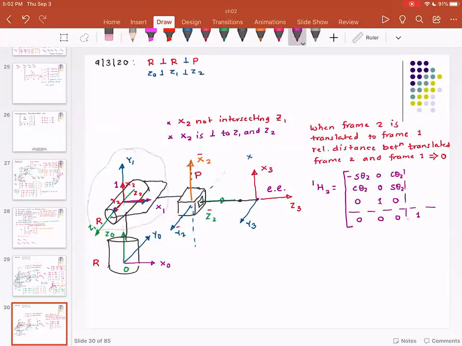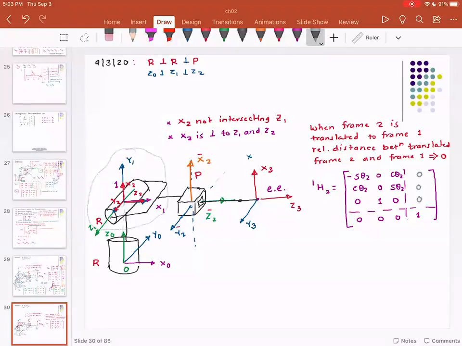You will have 1 here. And please note the relative distances between the translated frame 2 and the original frame 1 are zeros. So you will have 0 here, 0 here, 0 here.